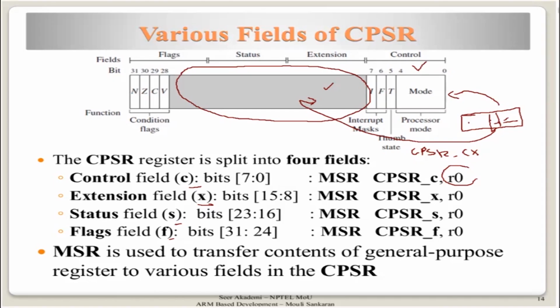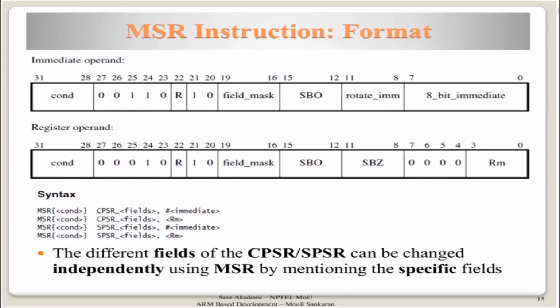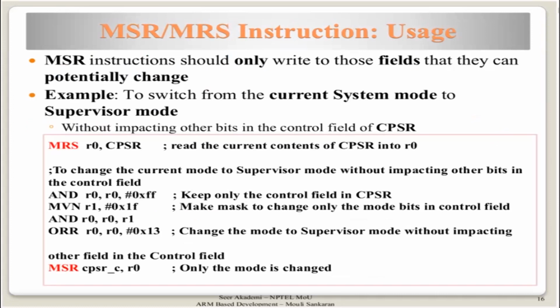You can change these bits, and even the thumb mode you cannot change using this instruction. So you have to make sure that whenever you are changing the bits, only those bits are modified in the values and put in R0, and then you are storing them into CPSR. Otherwise you are likely to get unexpected results. Okay, that is what I am trying to say here.